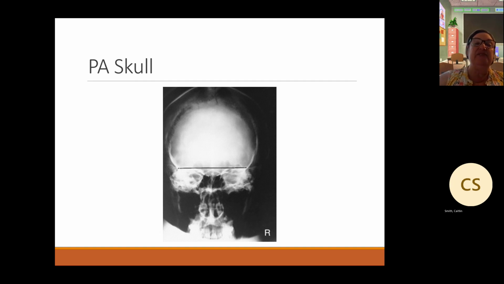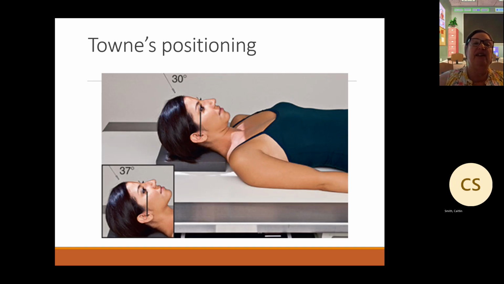So that's how you can tell the difference between a PA skull and a Caldwell. The Caldwell, petrous pyramids, lower third. PA skull, petrous pyramids, sitting right in between. Boom, there it is.